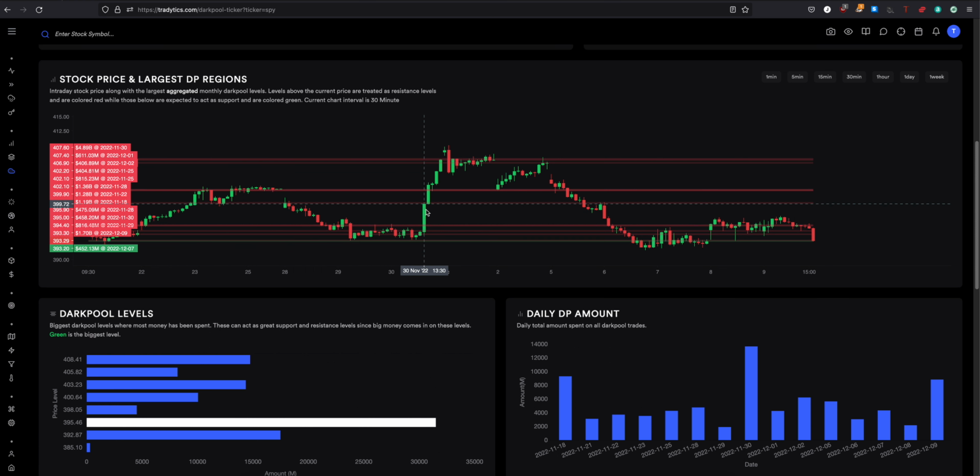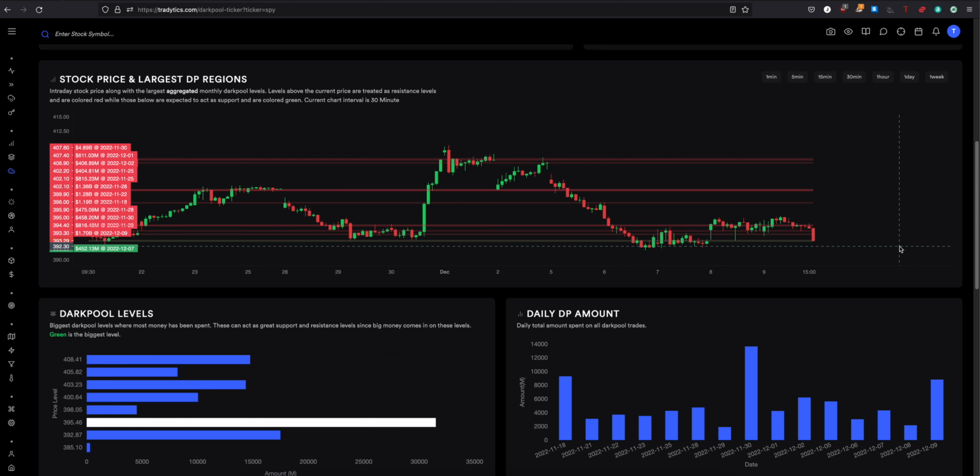We had big sticks up, smooth moves all the way up to here. We had a nice little trend up through here, a nice little trend back down. But in these areas where there's lots of lines, lots of dark pool, look at the chop. There's a lot of chop. Get up into this little area here, it gets choppy.